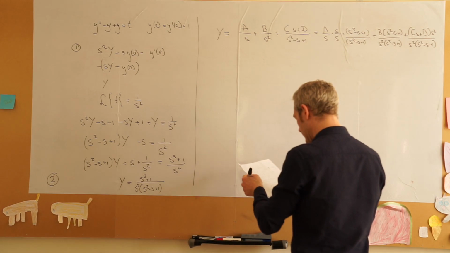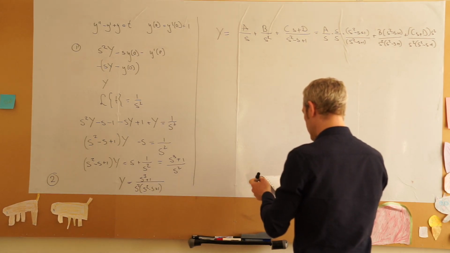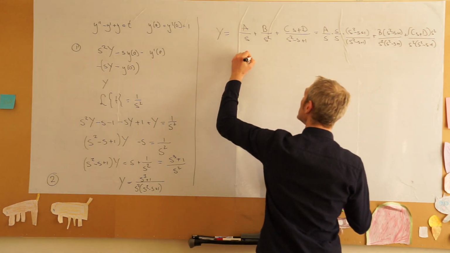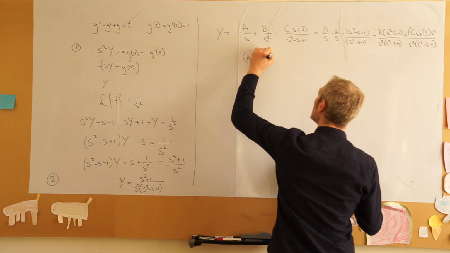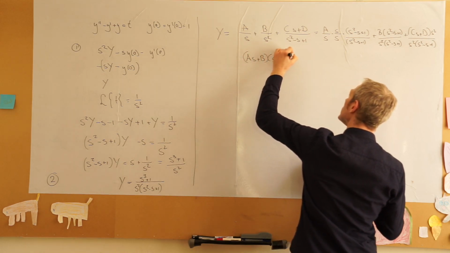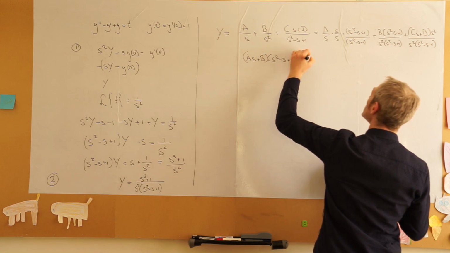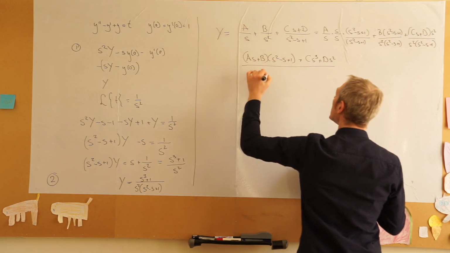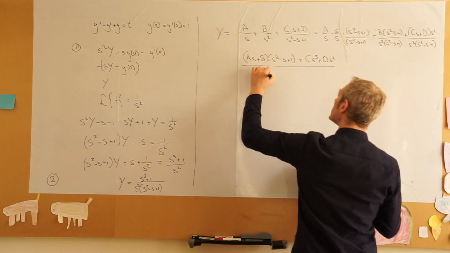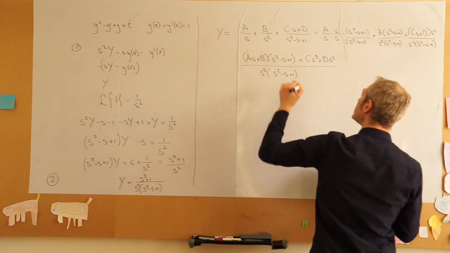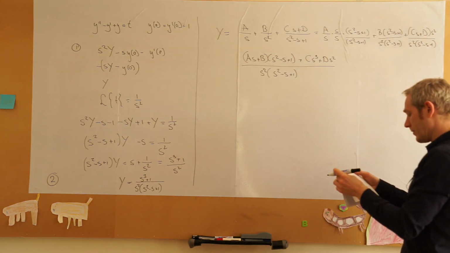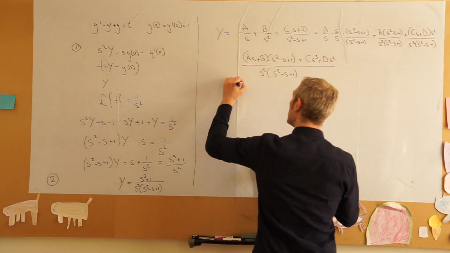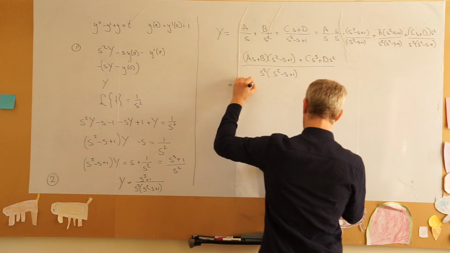Let's rewrite this. We get As plus B times s squared minus s plus 1, plus Cs to the power of 3 plus Ds squared, over s squared times s squared minus s plus 1. And we finally rewrite this to A s to the power of 3.